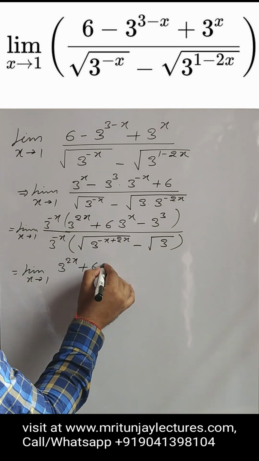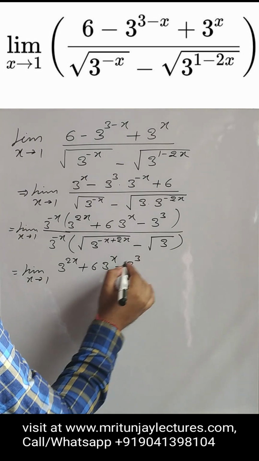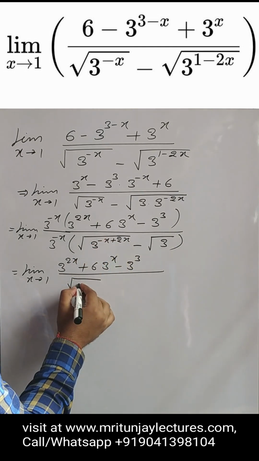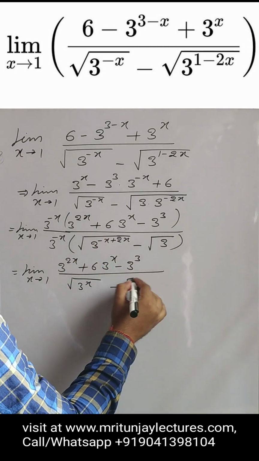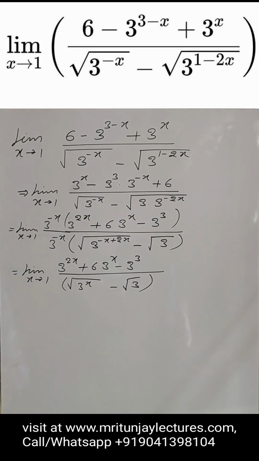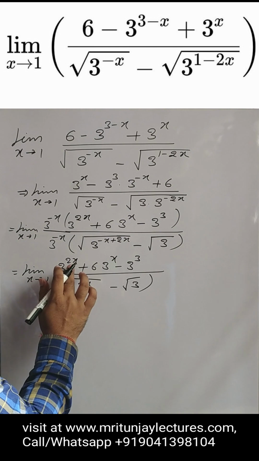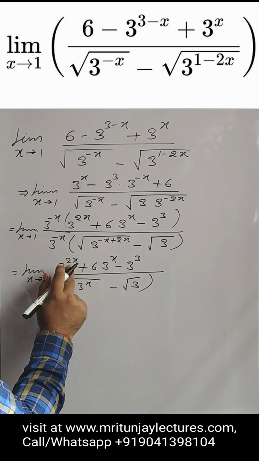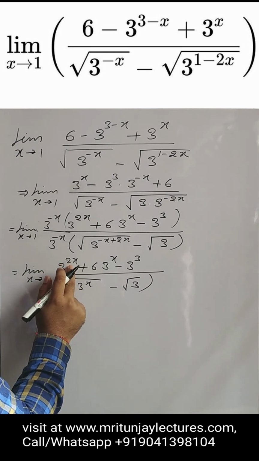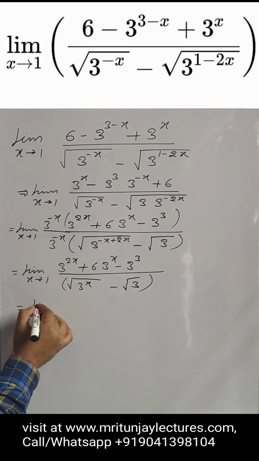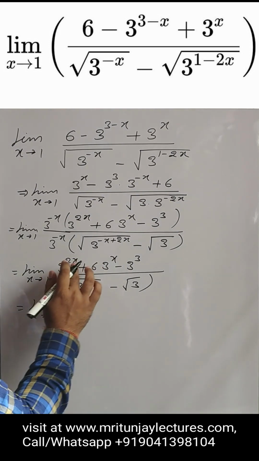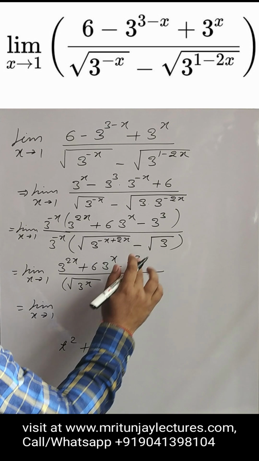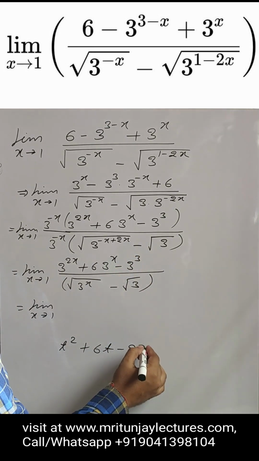2x plus 6 into 3 to power x minus 3 to power 3 whole divided by, this one is written as under root 3 to power x simply, and that is 3. Clear? Okay, now simply this one, if 3 to power x is taken as t, or otherwise you can factorize this one, that is t square plus 6t minus 3 to power 3, means 27.